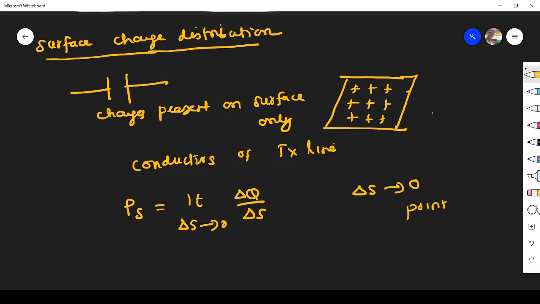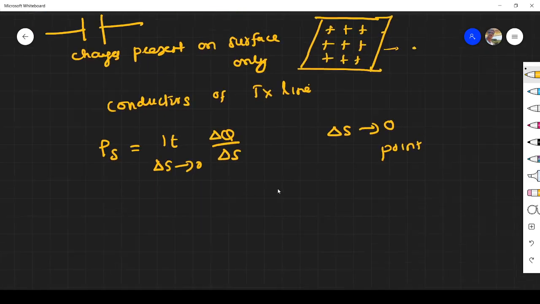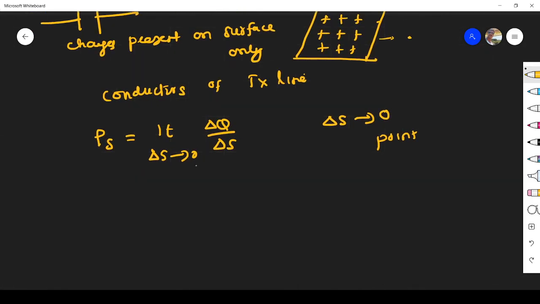You make this area very small, ultimately it will become a point. So we are going to find a continuous charge distribution only, because we are going to find it at every point. Okay, so del Q by del S. Again, what is the unit we can derive for this? What is the unit for charge? Coulomb. Unit of area, meter square. So it is coulomb per meter square.